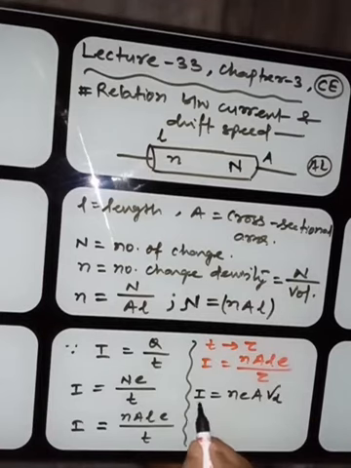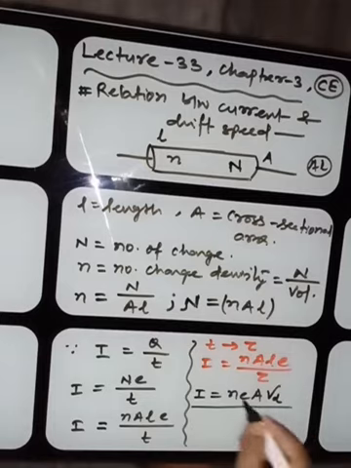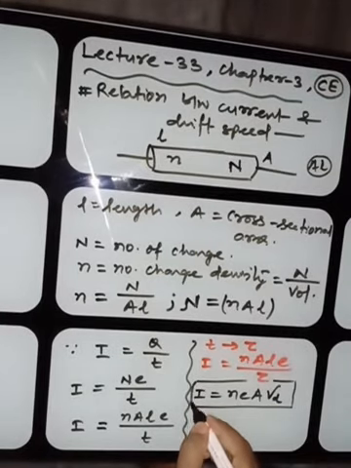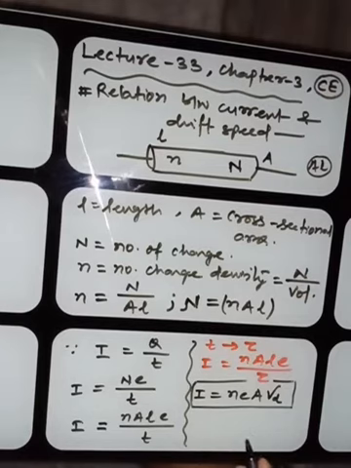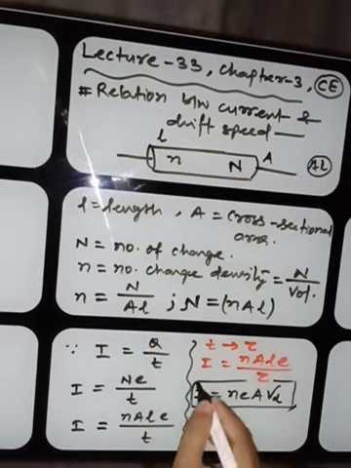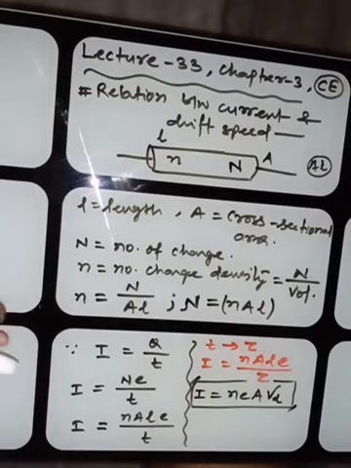So this is the relation between current and drift speed: I equals n e A vd. This is the relation between electric current and drift speed.